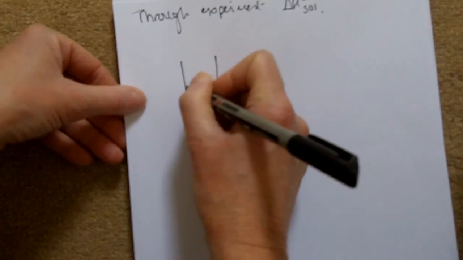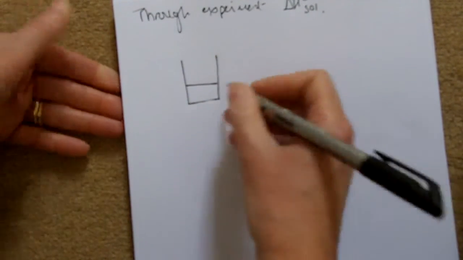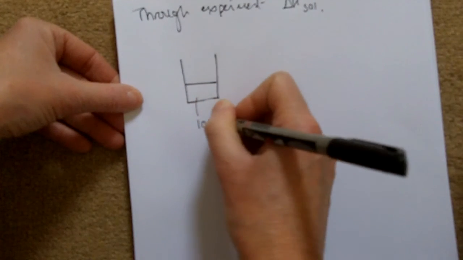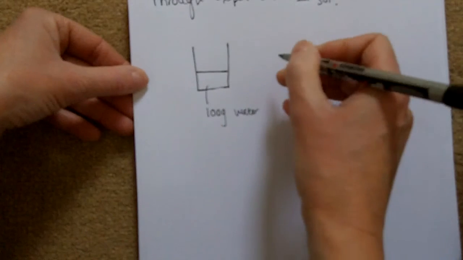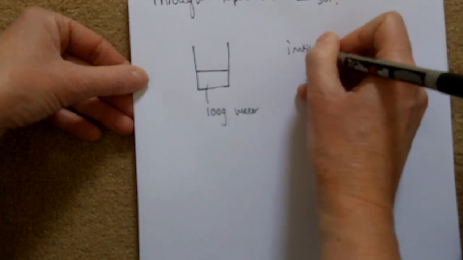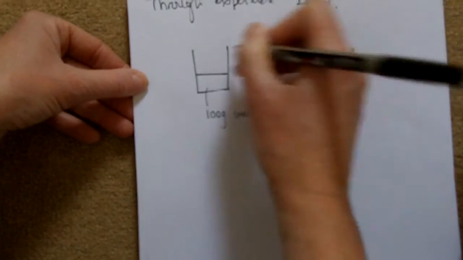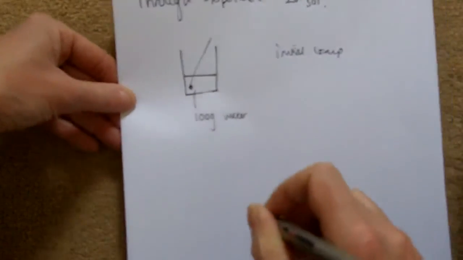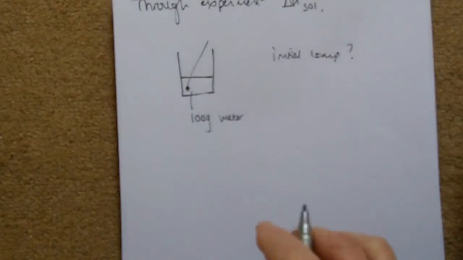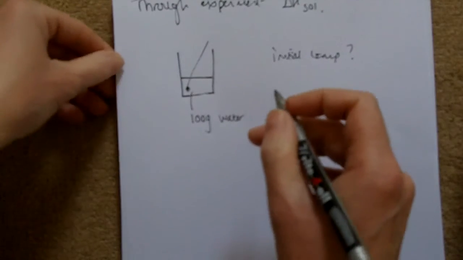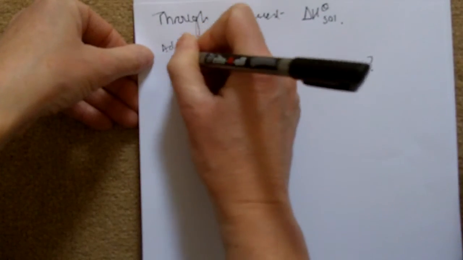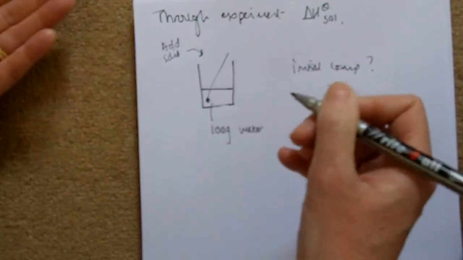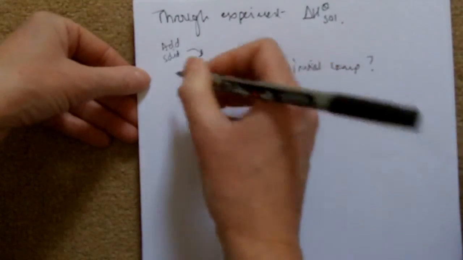You take a certain amount of water, maybe 100 grams. You put the thermometer in there, you take the initial temperature, whatever that is, then you add your solid, a certain amount of grams, let's say 5 grams of solid.